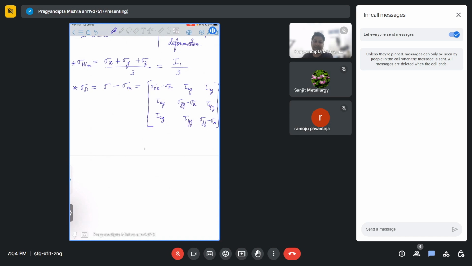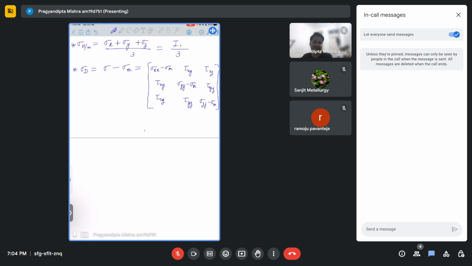And another important thing that you can see here. If you look at the invariants, one important thing that you can note for deviatoric stress, or more specifically, your I1 for sigma deviatoric is equal to what?